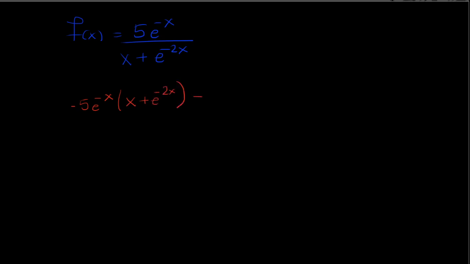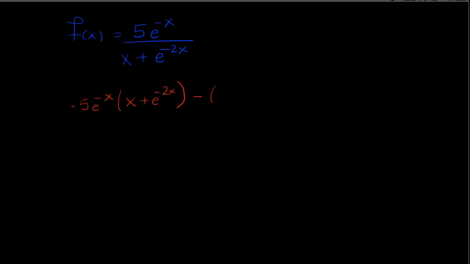Okay, next problem. f of x is equal to 5e to the negative x, all over x plus e to the negative 2x. The first thing I'm going to do is take the derivative of the top, for which I'm going to have to use the chain rule by taking the derivative of the exponent, which is negative 1, multiplied by the bottom, minus the derivative of the bottom.